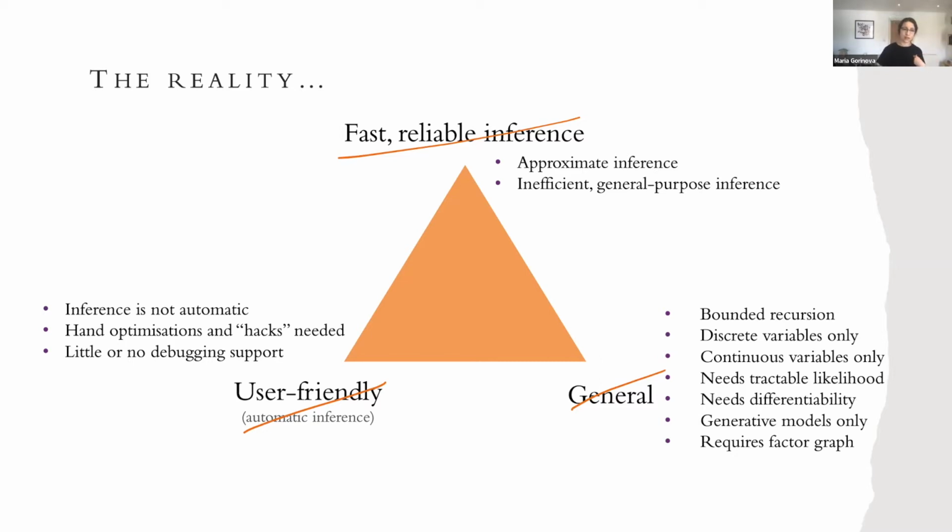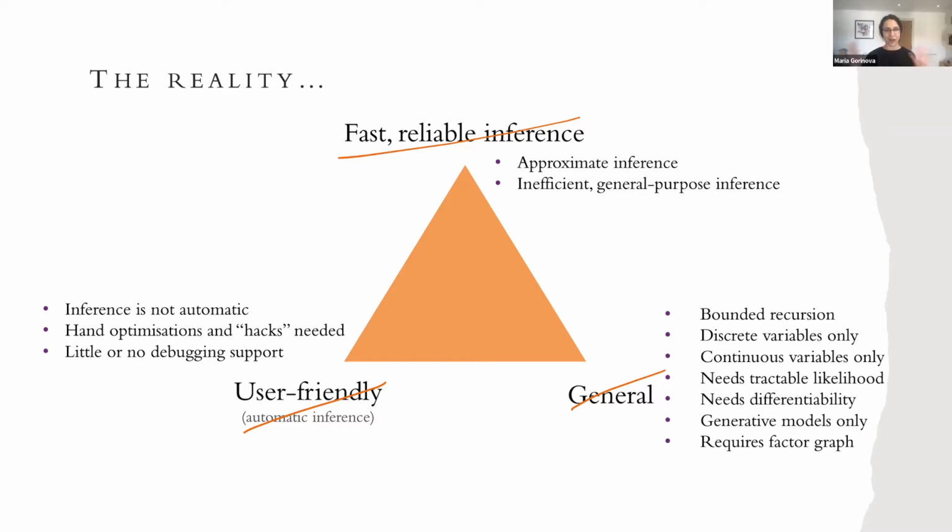In other cases, we sacrifice usability by making inference less automatic, so that the user needs to do some work alone to write an inference algorithm. And in other cases, when we have general models and automatic inference, we are forced to use general purpose inference algorithms, which are usually slow.